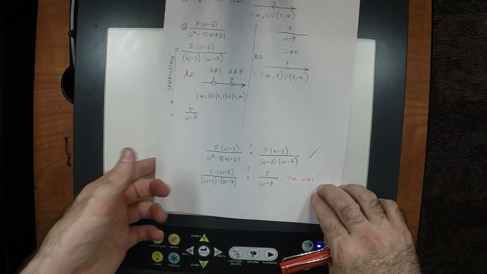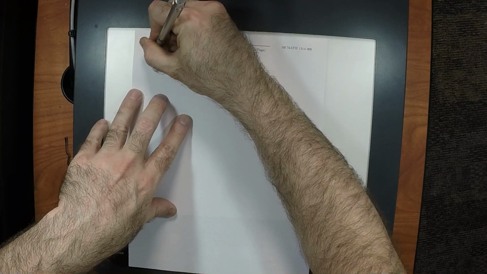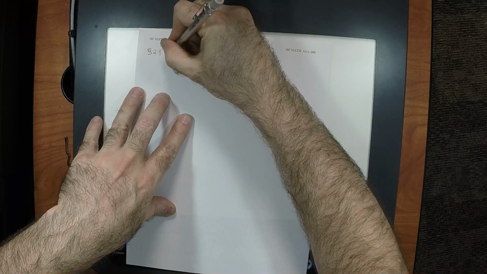All right. So now let's move on to the next thing. So we're in section 2.1. It's called something like a rectangular coordinate system.